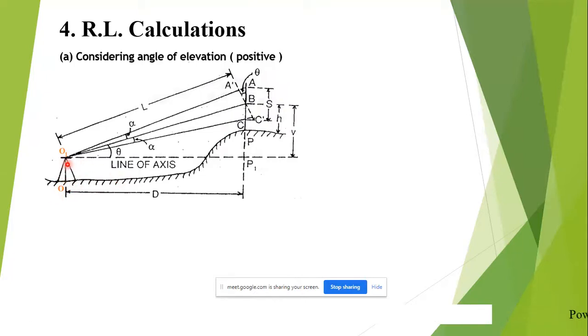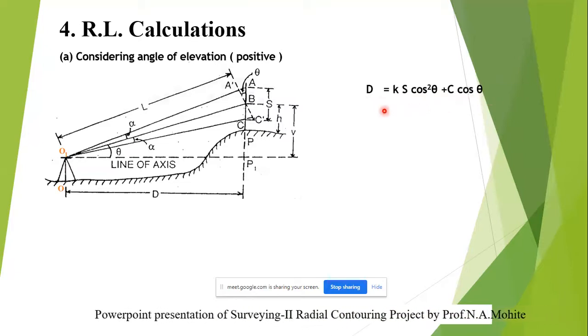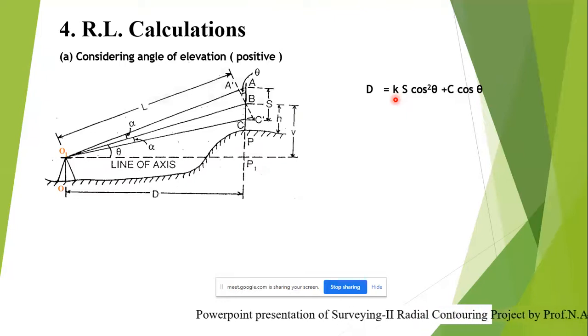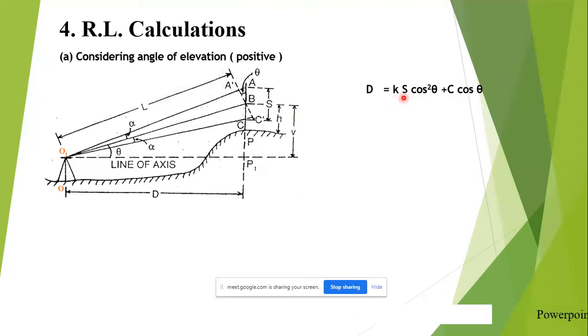According to that, we calculate the horizontal distance using the formula D = ks cos²θ + c cos θ, the distance between the instrument and the staff. Here k is the multiplying constant, f/i, whose value is 100 as the instrument is provided with an anallactic lens. S is the staff intercept, the difference between the top and bottom crosshair readings.